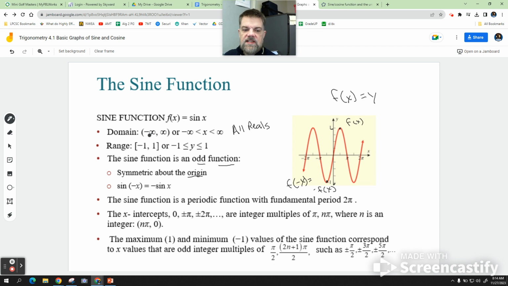So then the sine function is a periodic function with a fundamental period of 2 pi. Okay? And so what that means is that there are x-intercepts that occur at multiples of pi. What they mean by that is the halfway point of that period is pi.